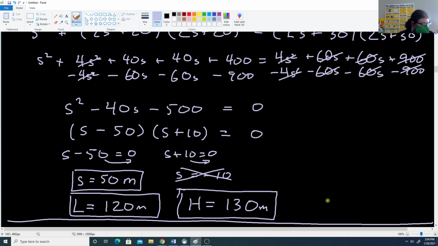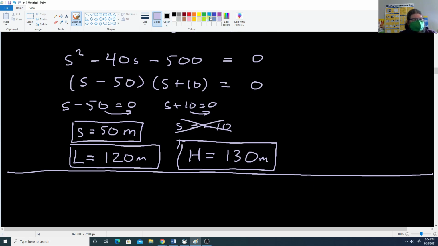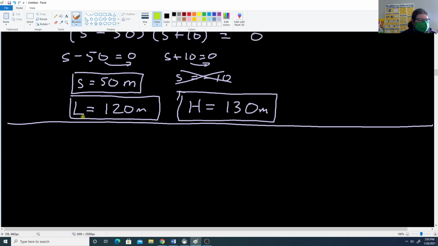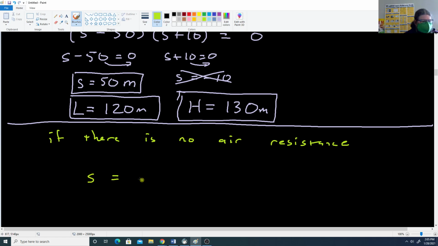So we get an equation next. This is going to be, if air resistance is neglected, so if there is no air resistance, then the following equation: S equals negative 16t squared plus V naught times t plus S naught.